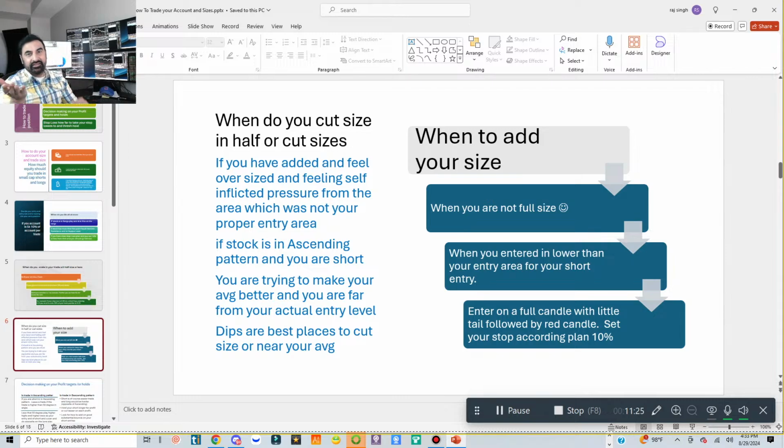You entered with a 5,000 share position or 5,000 equity position, and all of a sudden you're feeling, hey, this is $500, I cannot handle this, and I don't even have a proper entry. It's time to cut your size.